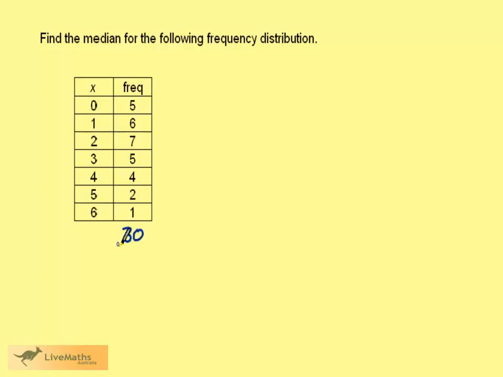So we have 30 pieces of data. Add 1 to the number of pieces of data and divide the result by 2. This gives us 15.5, which tells us that we need to find the 15th and 16th pieces of data.